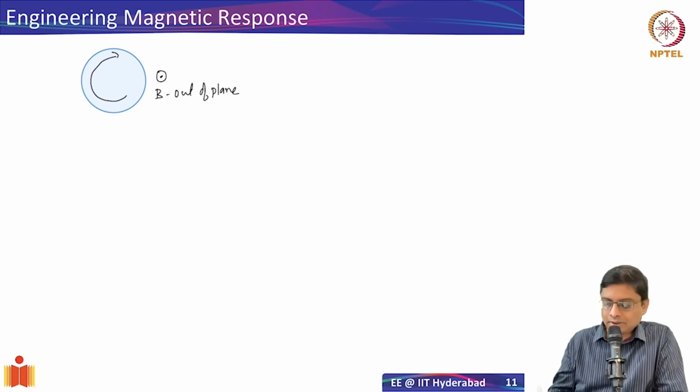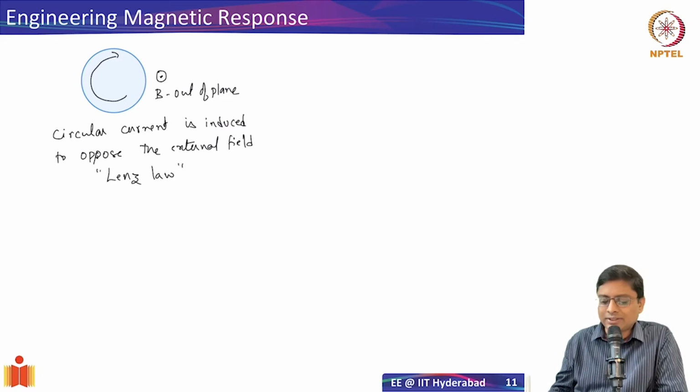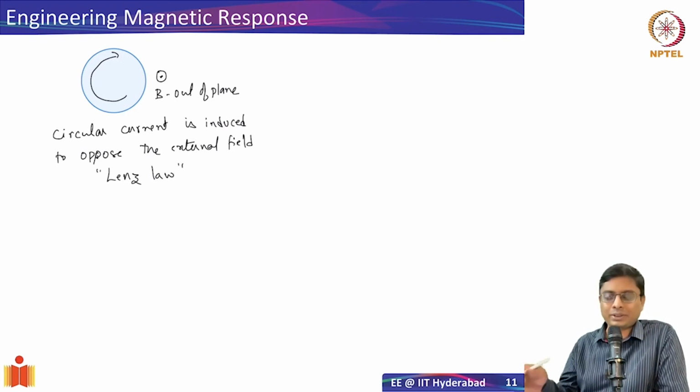Basically, a circular current is induced so as to oppose the external field. This is what we call Lenz's law. We must have studied it. It tells us that the induced field is going to be opposite. The current will be created in such a way.